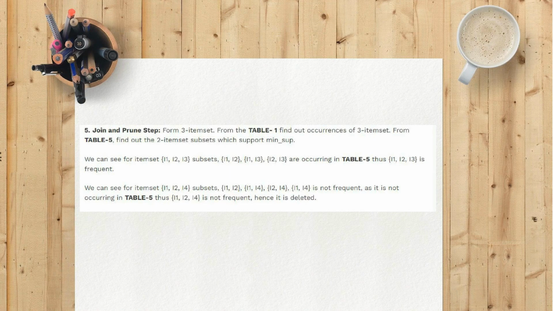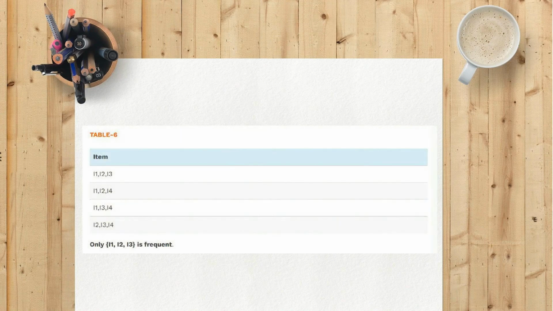We can see for item set I1, I2, I4, subsets I1, I2, I1, I4, I2, I4, where I1, I4 is not frequent, as it is not occurring in Table 5. Thus, I1, I2, I4 is not frequent, hence it is deleted. Table 6. Item. Only I1, I2, I3 is frequent.